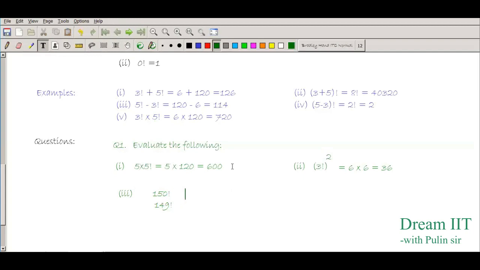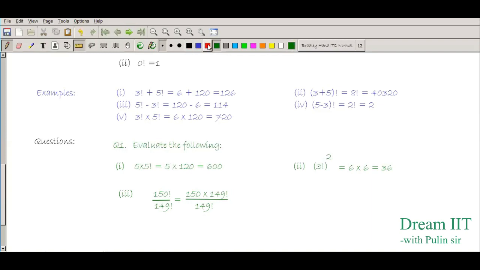You try to see 150. We can write this as 150 times 149 factorial, right? And at the same time, the denominator 149 factorial you keep as it is. The reason is very clear. We use the result we have already discussed, that if you take the leading element out, the factorial will always change to the next element.